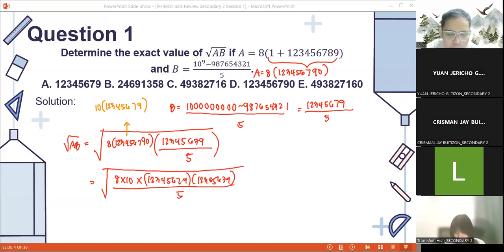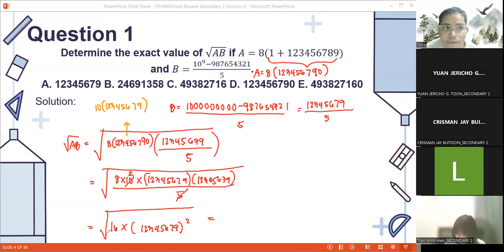This one is a square. 10 divided by 5 is 2, so that becomes 16. So it is the square root of 16 times 123,456,789 squared. Rewriting 16 as 4 squared, we get 4 squared times 123,456,789 squared.